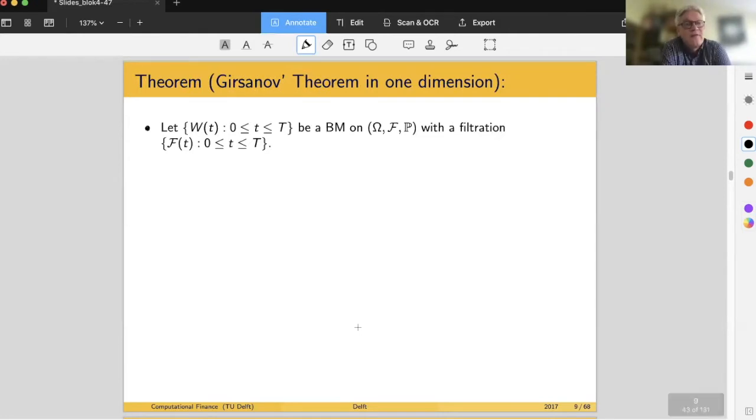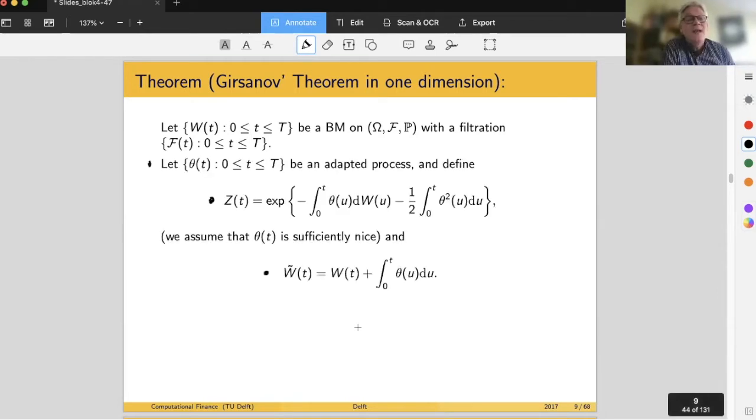So let's first have the setting. We have a Brownian motion, W_t, where little t runs from 0 to capital T, say the end of a financial contract. Let that be a Brownian motion on our probability space (Omega, F, P), with a filtration F_t, and t again from 0 to capital T. Now let theta_t, little t between 0 and capital T, be an adapted process.